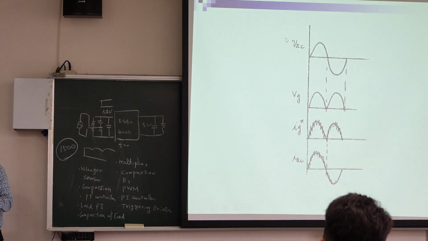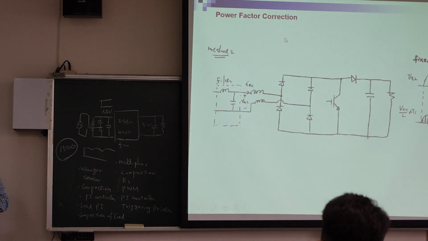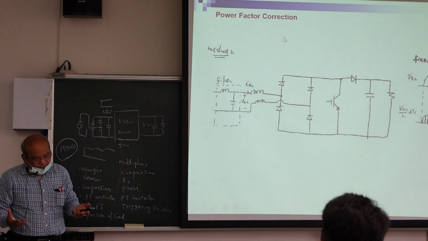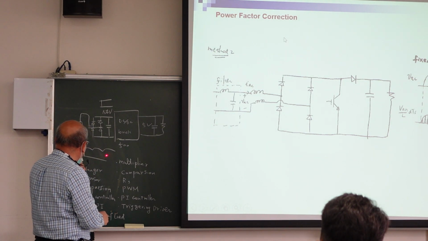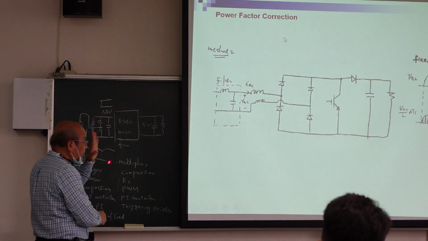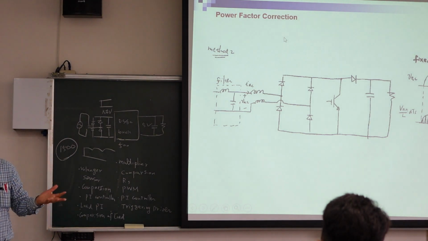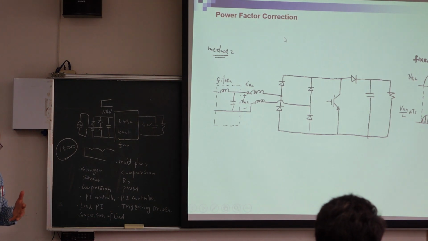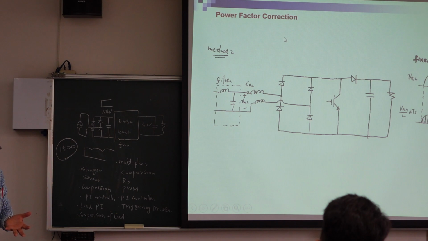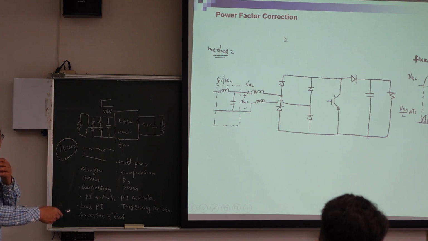But to implement the circuit, we need a lot of sensors and a lot of ICs. And we increase the price to 4 times. Then the user says it is too expensive. I don't want to spend 1,500 for buying a power factor corrector. It is not my business. I only care about my load side, right? So what can you do?